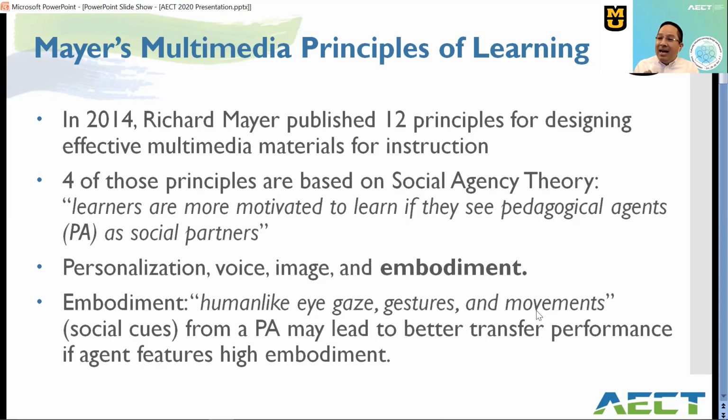And the principle of embodiment says that people will learn better if the social partner, the pedagogical agent, displays social cues like eye gaze or gestures or movements that are very human-like. So if the pedagogical agent is able to display these levels of embodiment, there will be a better transfer of knowledge.